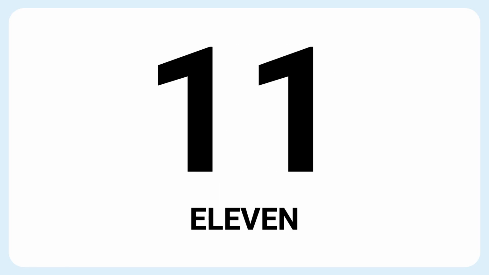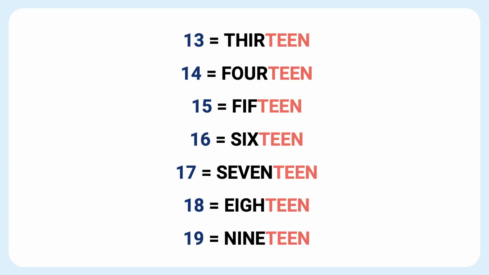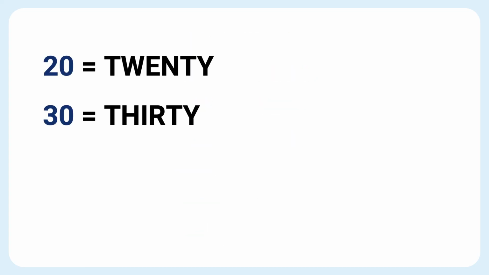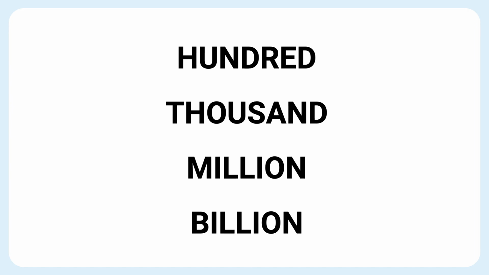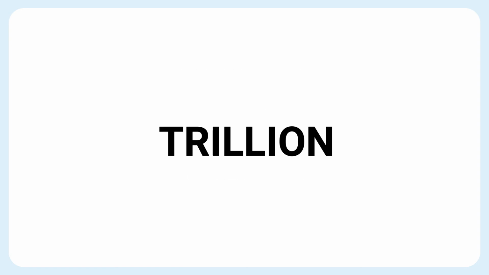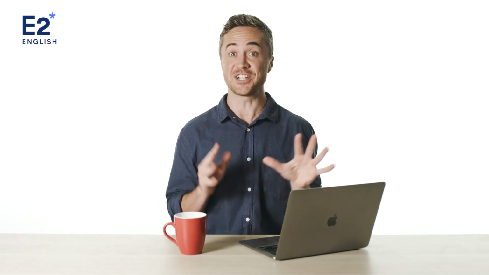You'll need to memorize 11, E-L-E-V-E-N, and 12, T-W-E-L-V-E, and the teens. And then you have 20, 30, 40. How do you spell 40? Remember to drop the U. 50, 60, 70, 80, 90, 100, 1,000, million, billion. Oh, and I almost forgot, a trillion. T-R-I-L-L-I-O-N. So you can spell every single number in English, in words.